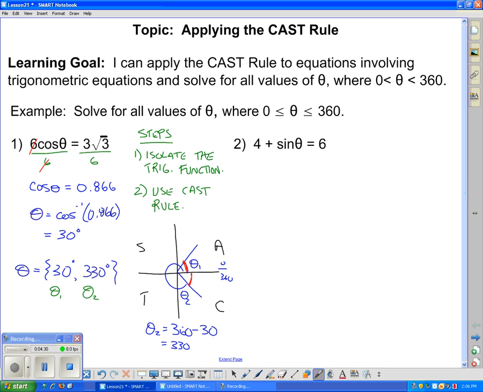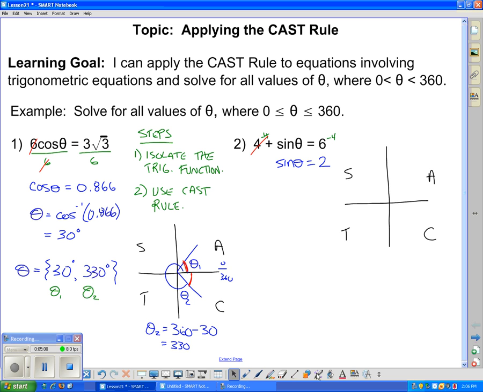All right, so for question number 2, isolate the trig function. I'm going to subtract 4 from both sides. So that means sine theta would equal 6 take away 4, which is 2. Then the next thing we do is use our cast rule to figure out where sine is positive. There may be a couple of people here thinking, well, I already know the answer, and that's fine.